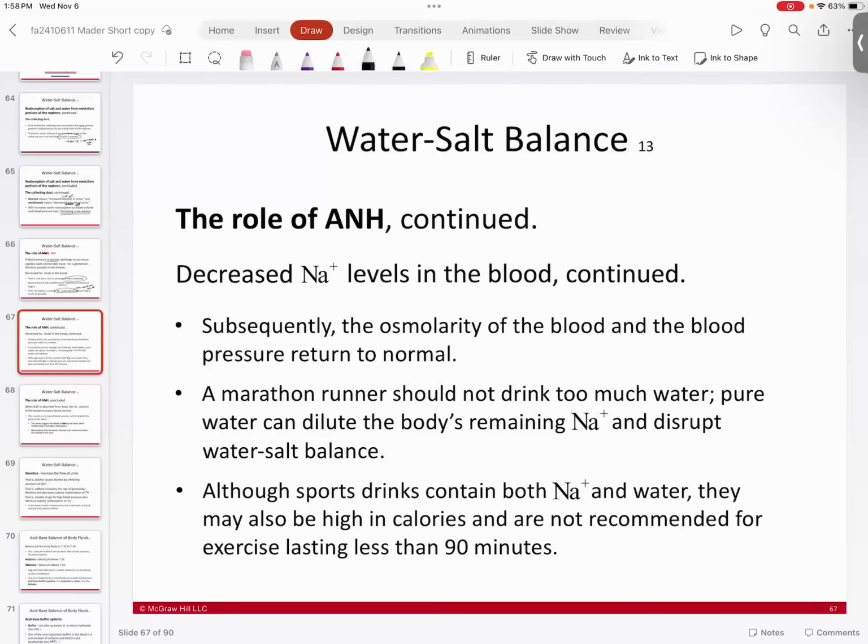So ultimately then what's going to happen is the osmolarity of your blood is going to return back to normal. Your water is going to come back into your blood, increasing your blood pressure, which gets your blood pressure back to homeostatic levels. So for instance, when you take a look at a marathon runner who's running 26 miles, right?